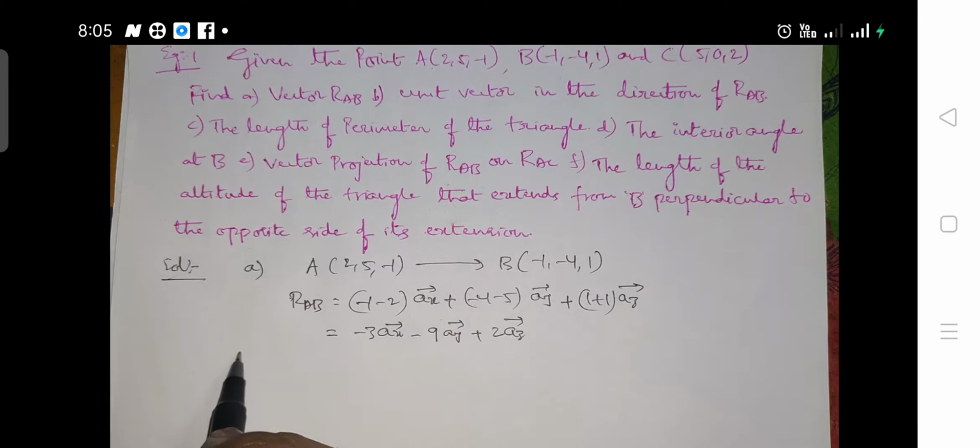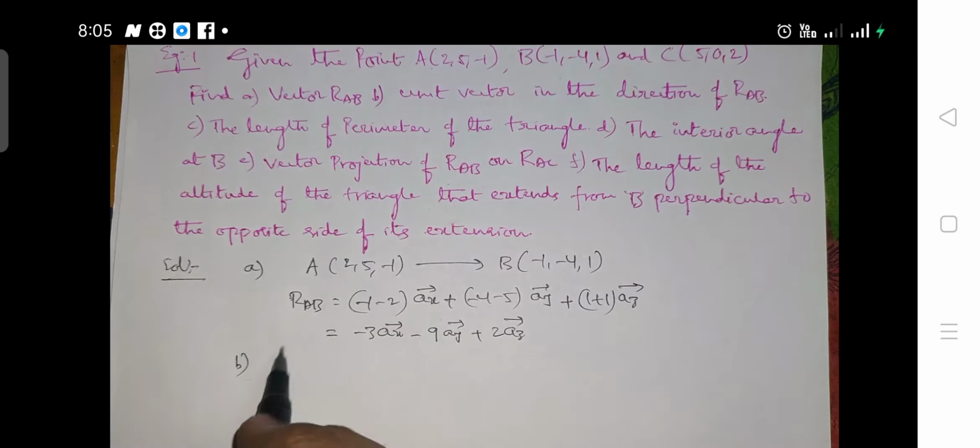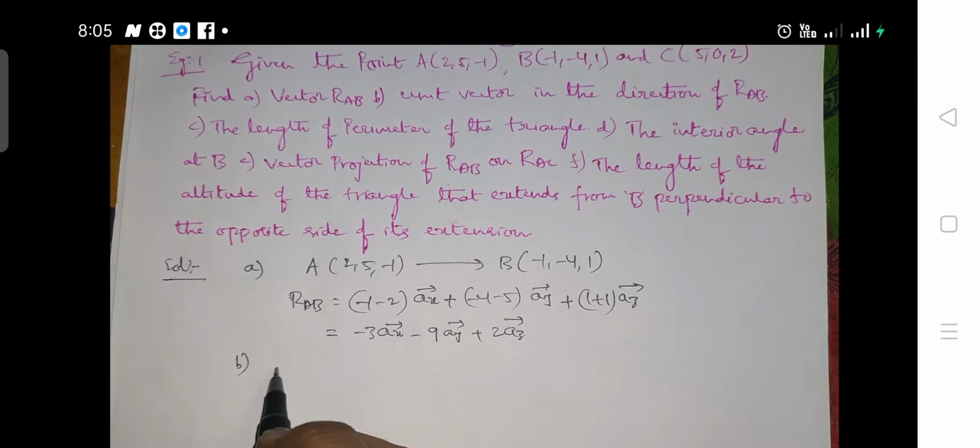And let us go for the solution of B. We need to find the unit vector in the direction of RAB. The unit vector in the direction of RAB is given by RAB divided by the magnitude of RAB.